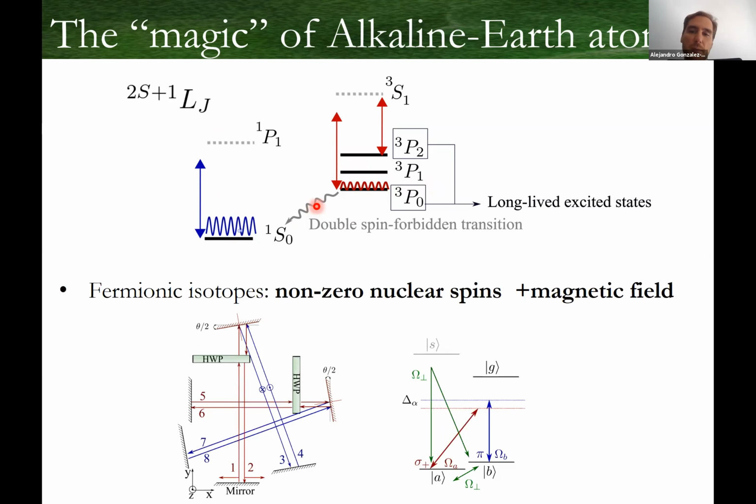Then we propose, and this is a bit technical, a configuration in which, typically, if you want to create, for example, a square lattice, you will put the mirrors on top of each other, and you will have a square lattice. What we do is physically rotate these mirrors, and then you create this twisted potential.